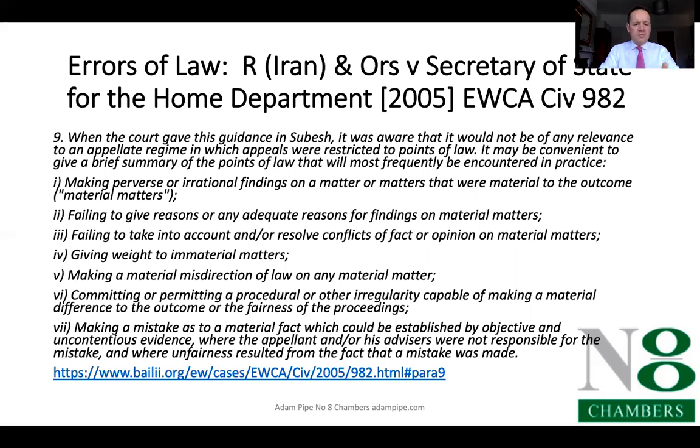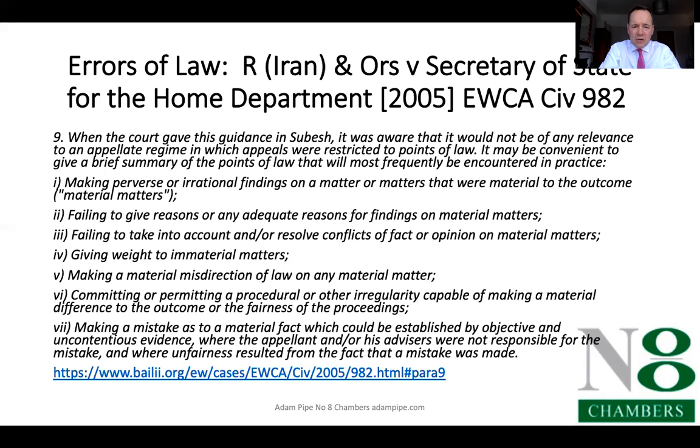So what are the common errors of law? Perverse or irrational findings on material matters. So findings that a judge was not reasonably entitled to make. Remember, that's quite a high bar. Failing to give reasons or adequate reasons for findings on material matters. We're going to come back to that in a minute. But a lack of reasons must be on significant issues.